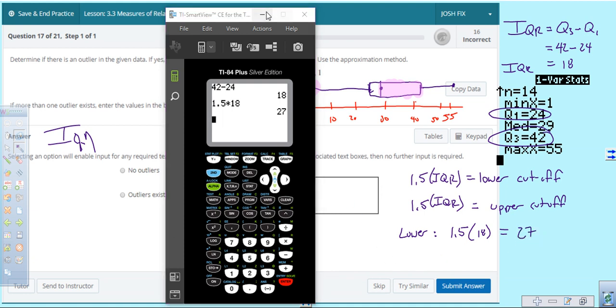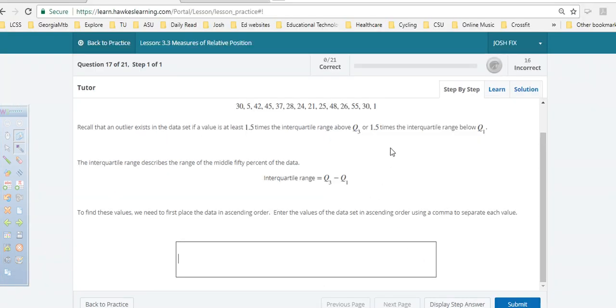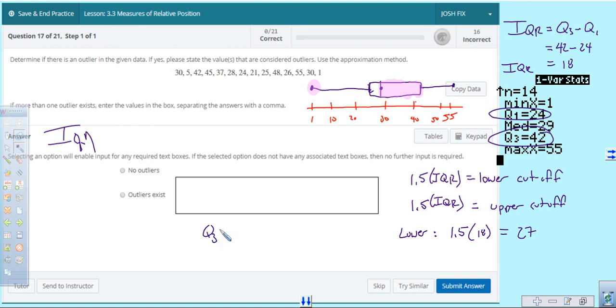Now remember what's going on with this number. It gives me the outer limit, 1.5 times the interquartile range above Q3. So we come back here and say, our Q3 is 42 plus 1.5 times our IQR, which is 27.